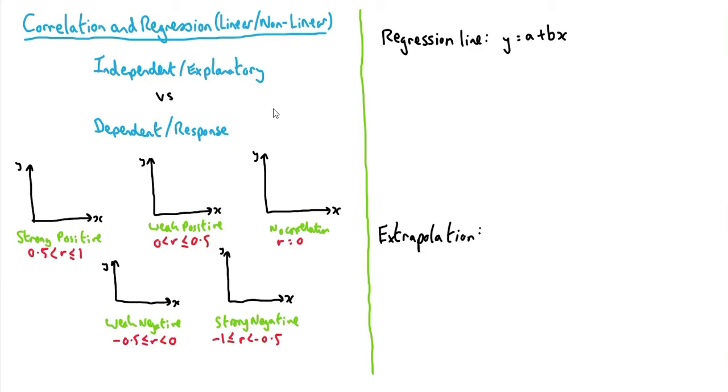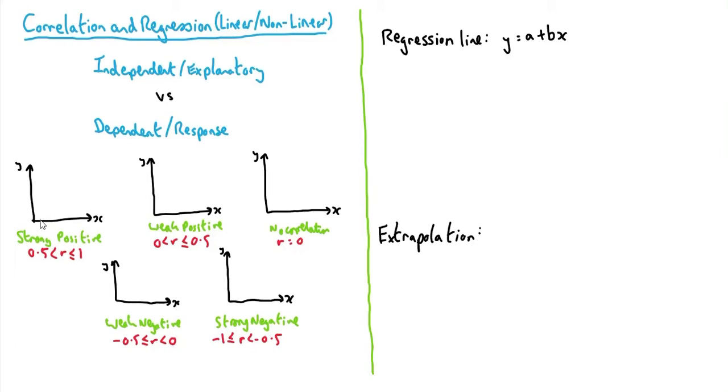When it comes to then just plotting that data, therefore, unless the question makes it very explicitly clear it wants it the other way around, you should put your explanatory variable on the x-axis and your response variable on the y-axis. When you have that and you've made a scale if you need to, you then plot the data points and you will be able to judge their correlation.